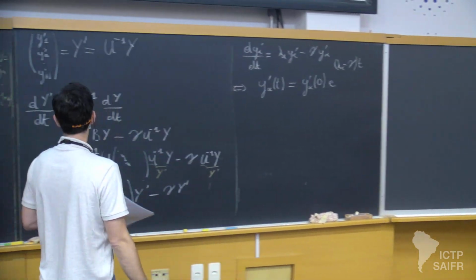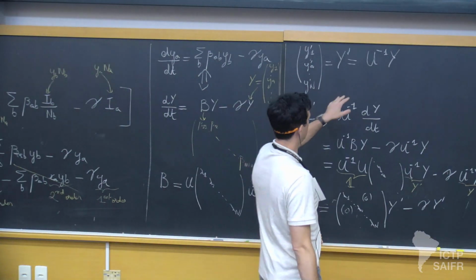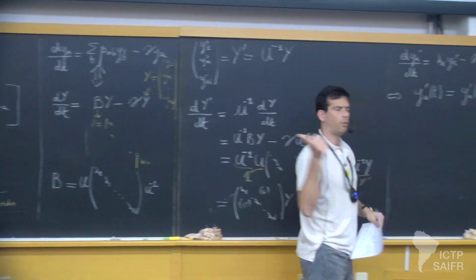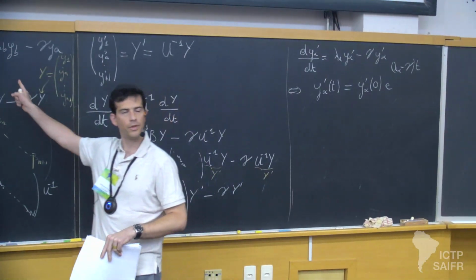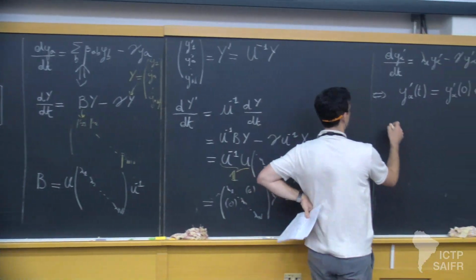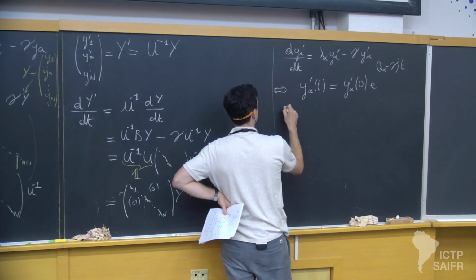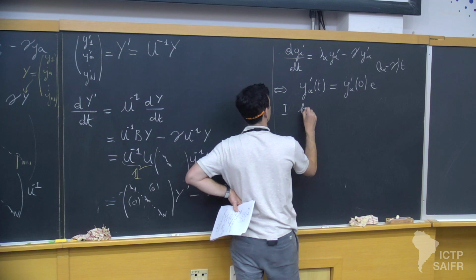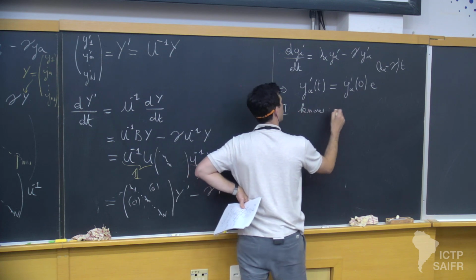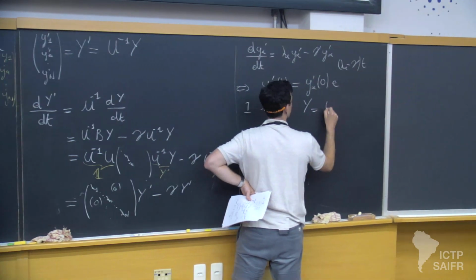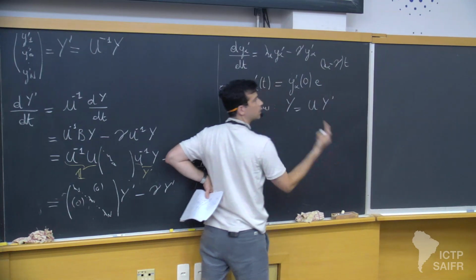But now let's say I want to go back to my initial variables. I know the universal transformation of this is going to be y equals u times y'. This is the opposite transformation.